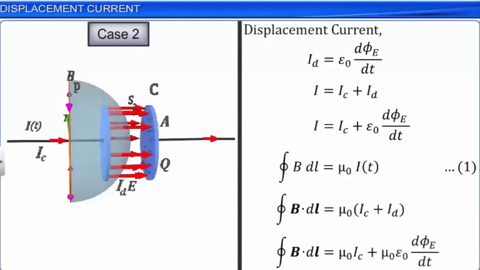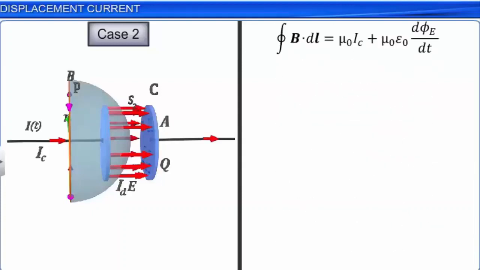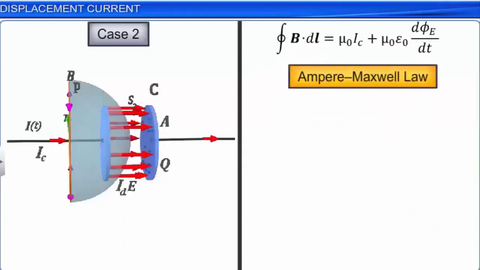In explicit terms, when the point P is considered outside the capacitor, the source of the magnetic field at that point is only the conduction current, since outside the capacitor plates the displacement current ID is 0. Thus, the integral over the closed loop of B dot dl is equal to mu naught into IC.